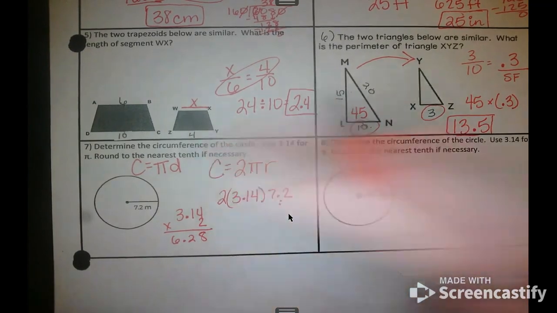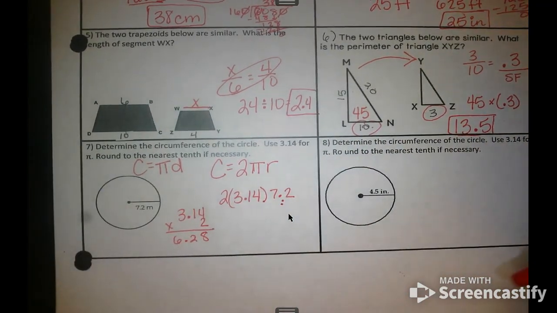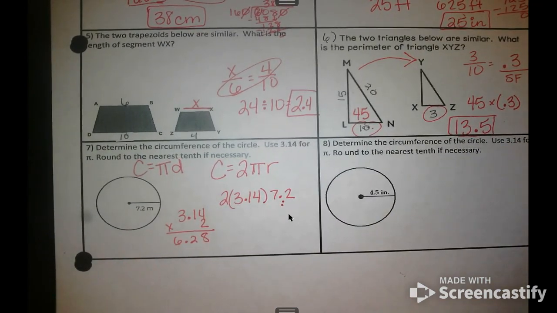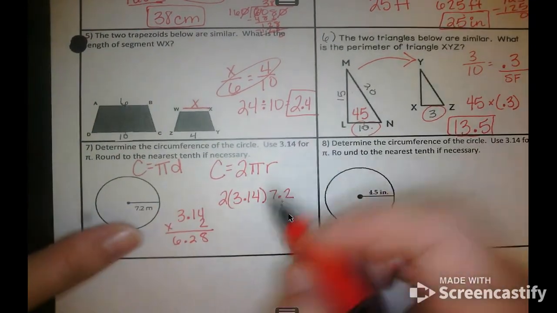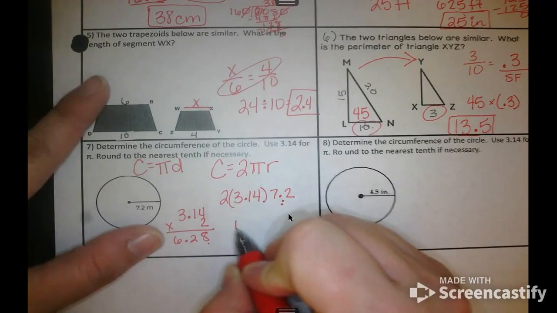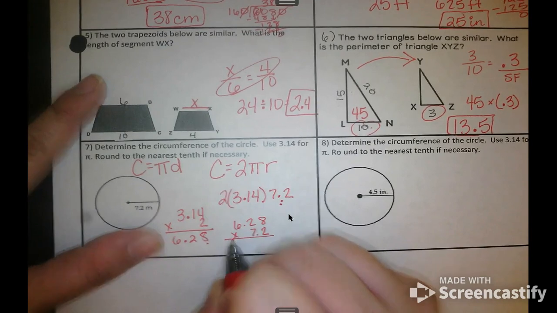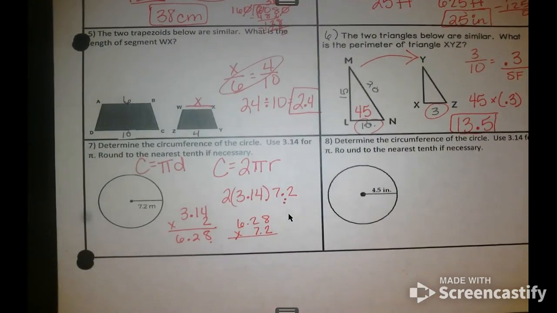That's what I did, and that's absolutely fine. But I know some of you internally panic if you see a 3-digit by a 3-digit number. So you can do it either way because this would have just been 6.28 times 7.2. Either way you multiply, what did y'all get? I got 45.2. I got 17.